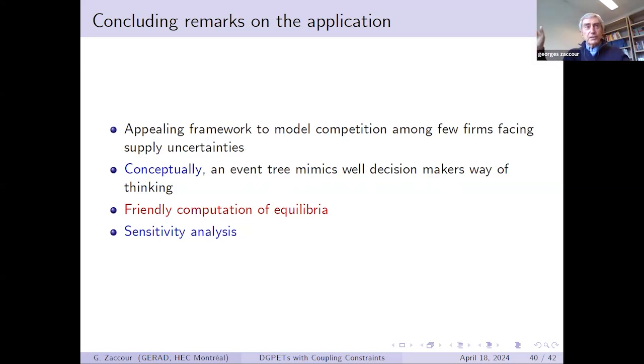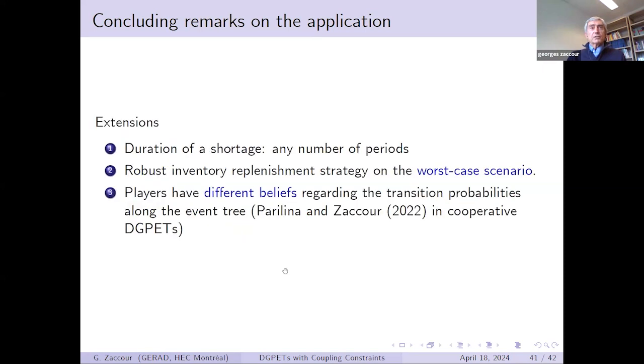They are not considering tons of values of how much the price of oil could be. So a tree is mimicking this process. Computations are relatively easy. And of course, with a framework like this one, where everything is done numerically, you can do as much sensitivity analysis as you want to assess the impact of this or that on the results.